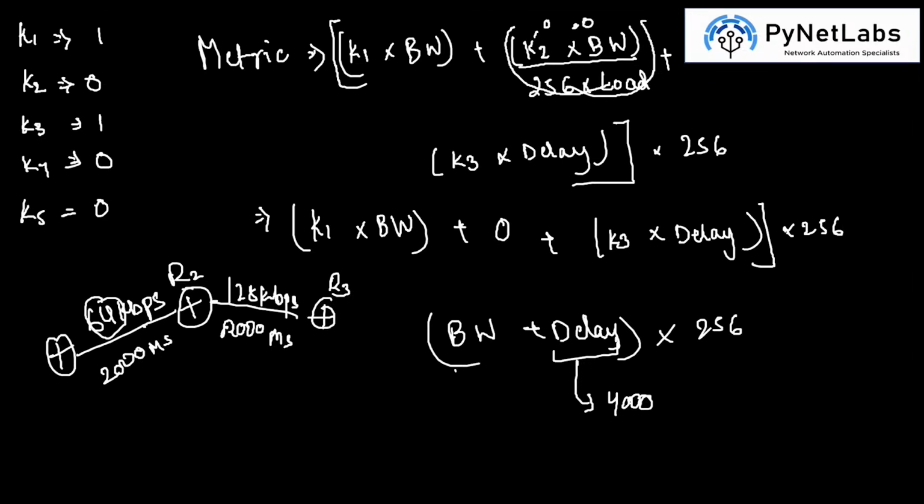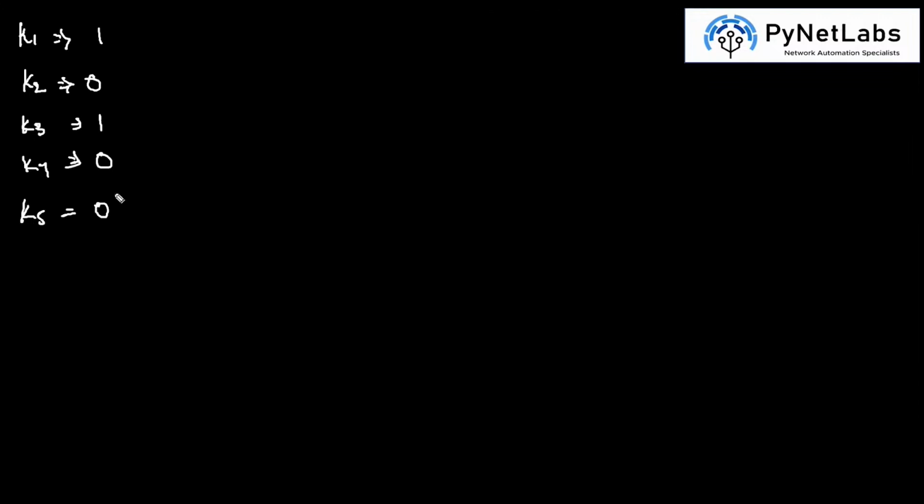Now we'll move ahead towards understanding DUAL, that's the Diffusing Update Algorithm. Okay, so let me write what they represent. You can keep a note about the 1-0 part of these K values, and again I'm repeating myself.